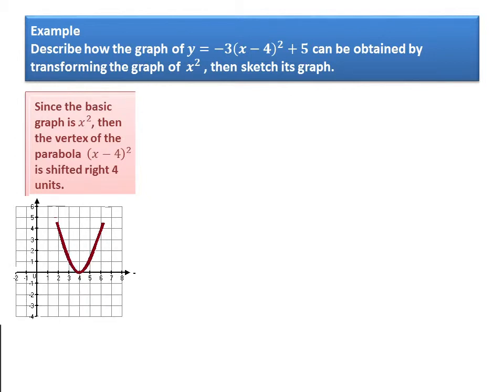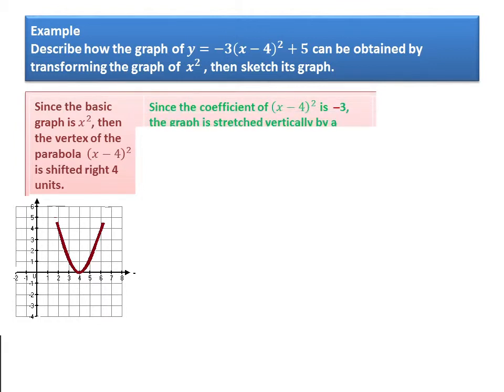The minus 4 here tells us that we are doing horizontal shift because it is x minus 4 all squared. So we are doing a horizontal shift by 4 units to the right hand side. Now the coefficient of x minus 4 all squared is a minus 3. I'll take it step by step.